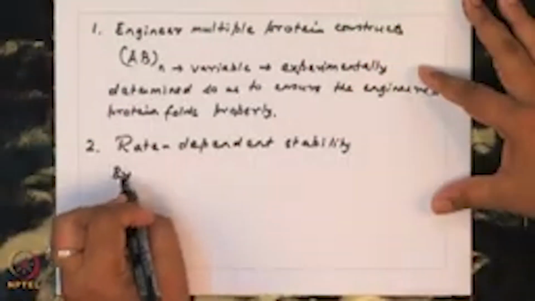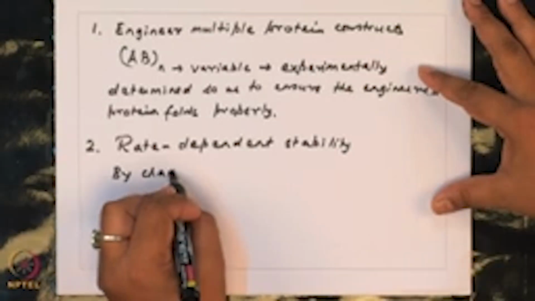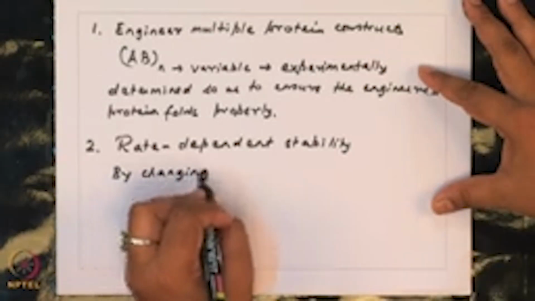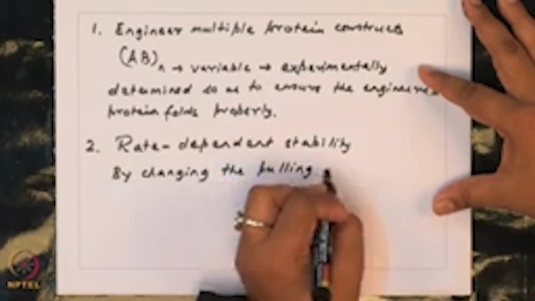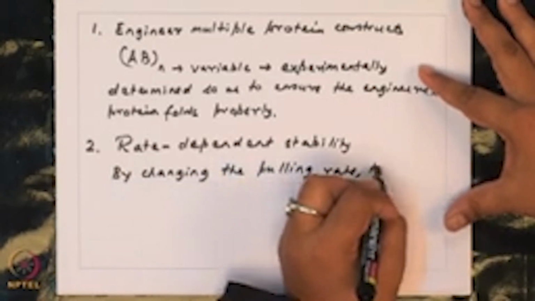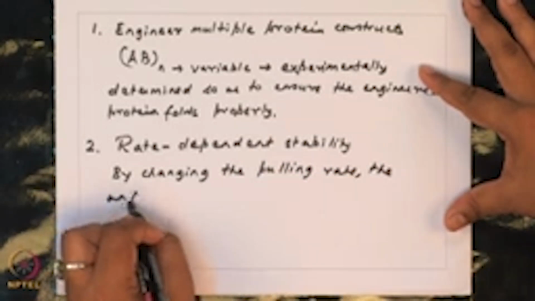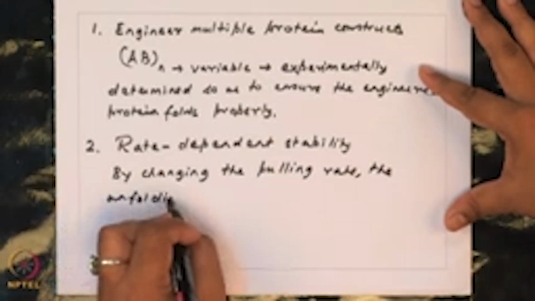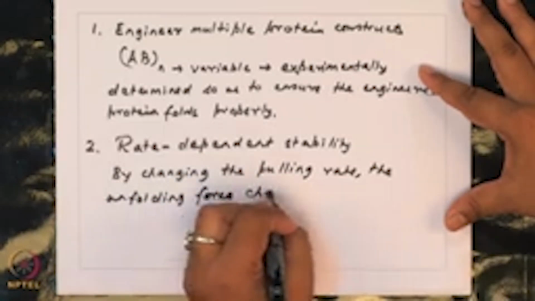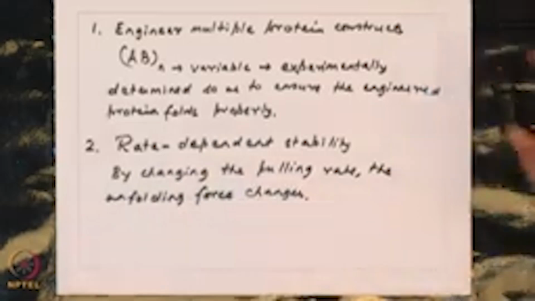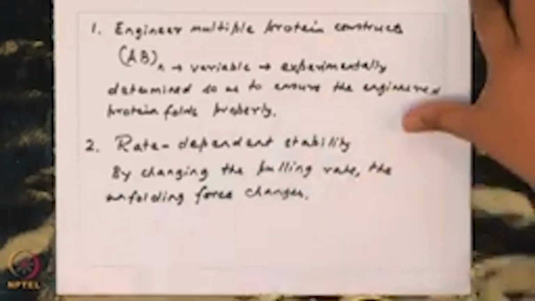By rate dependent stability, I mean that by changing the pulling rate, the unfolding force changes. And how does it change?